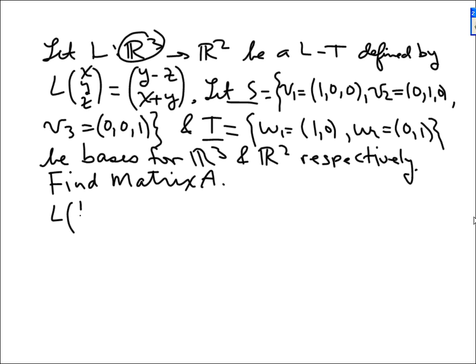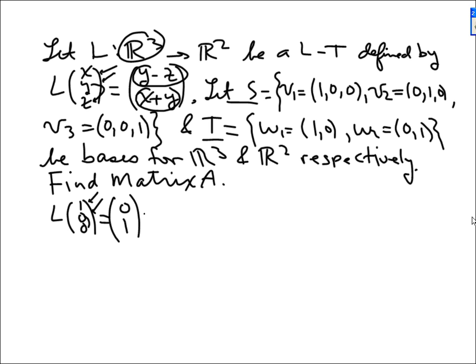L of 1, 0, 0 is equal to, well, how do you get the first component? You do the second minus the third. 0 minus 0 is 0. How do you get the second component in R2? You add the first two entries, x and y. In our case, 1 and 0. So we get 0, 1.